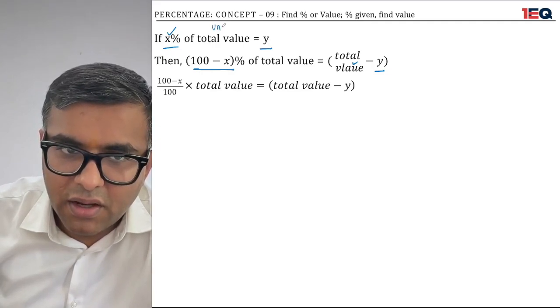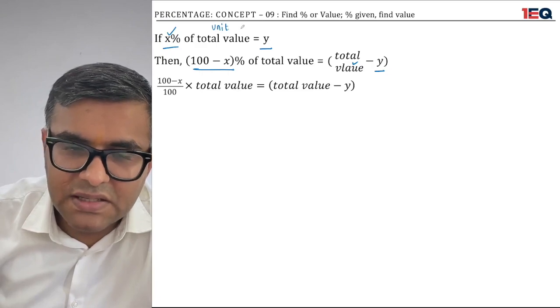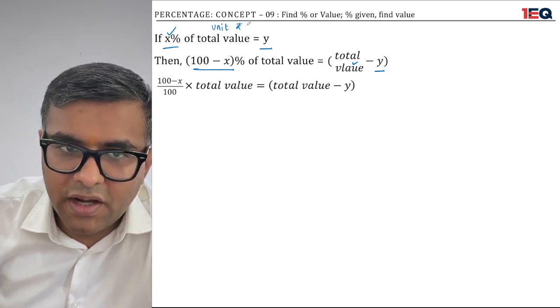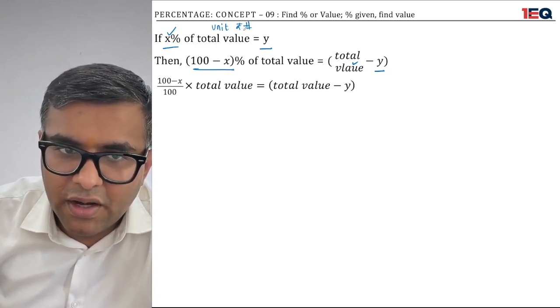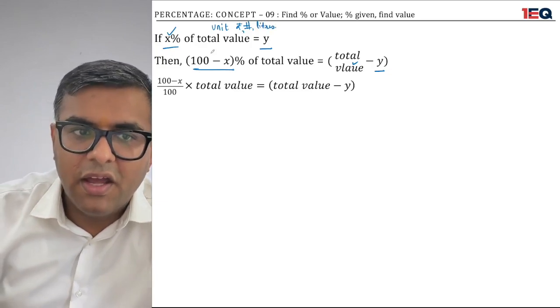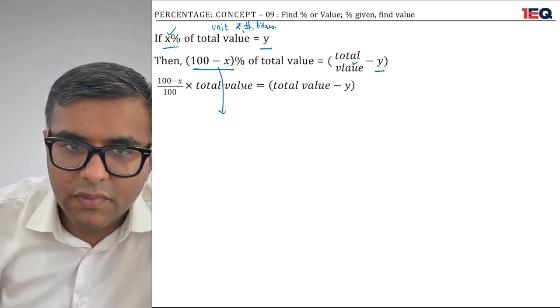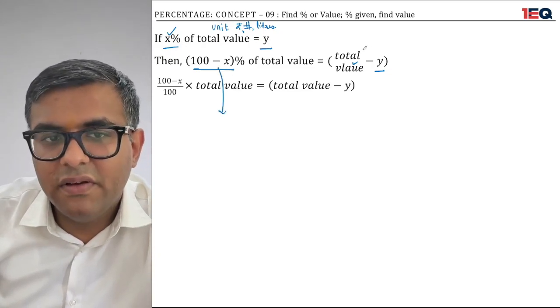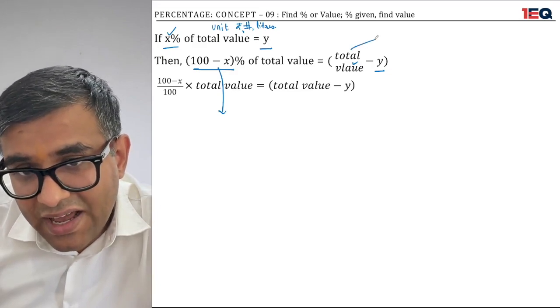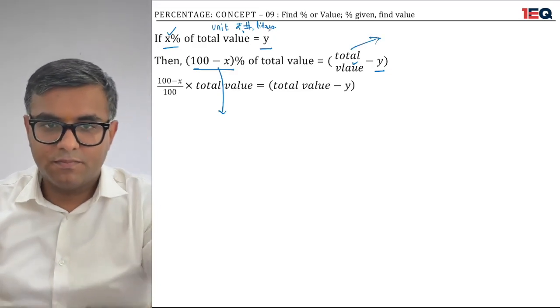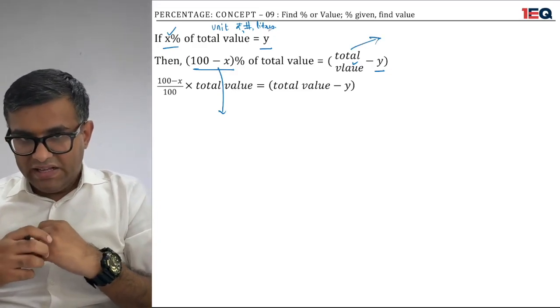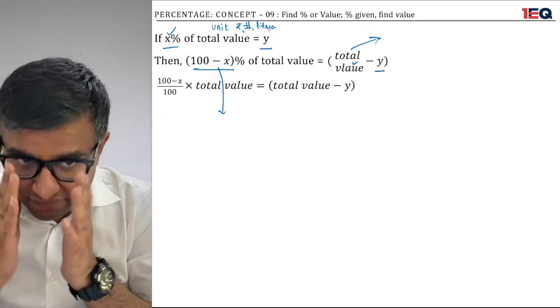It might be in rupees, in number, in liters, it can be anything. If I reduce the x% by 100, then I take away the entire total value from y.